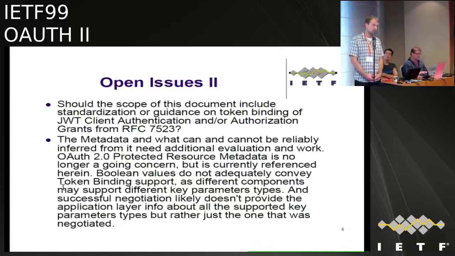In some ways, I feel like this is easily inferred from the existence of the confirmation claim and how it would be used in this context. In other ways, it might be useful to say something about it here, because, particularly for client authentication, it's a really nice, useful security enhancement mechanism. But right now it's not in there, and it's left up to the imagination or as an exercise to the reader.